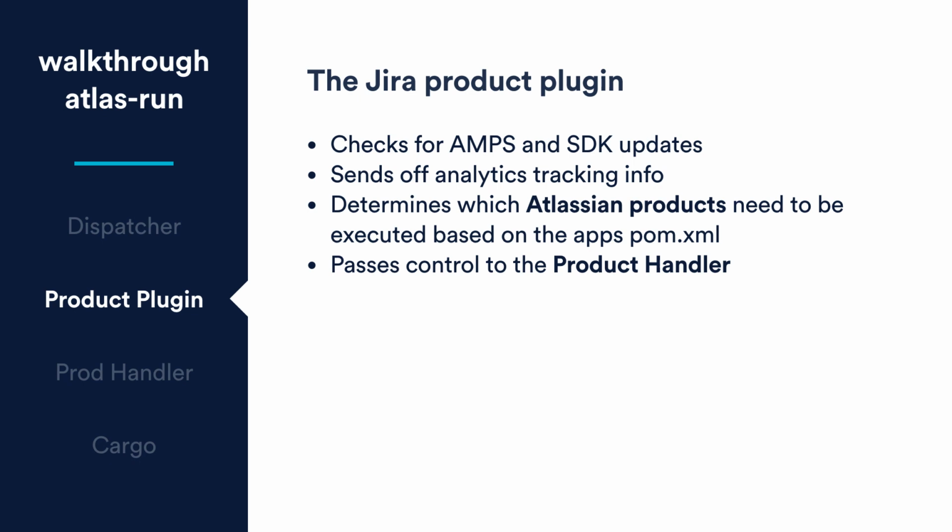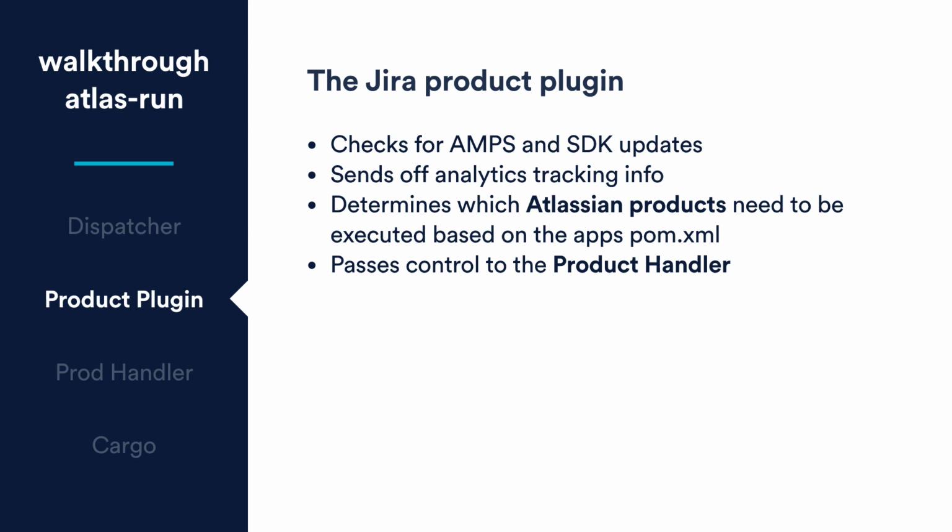So this is how the Atlassian Maven plugin suite manages to allow you to work with different Atlassian server products, all from within a single framework. Usually only one product will need to be executed by default, though this can be modified. However, due to the limitations of Cargo and the way AMPS works, you won't always have success.